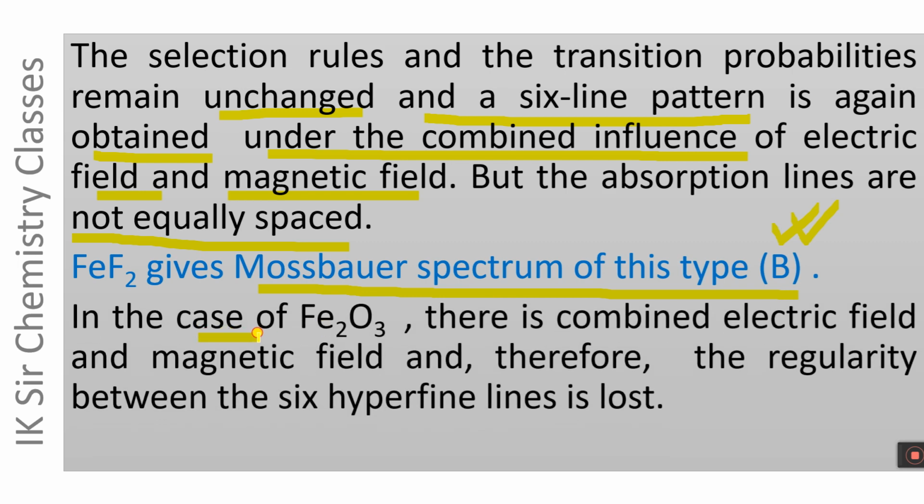But in the case of Fe2O3, there is combined internal electric field and internal magnetic field, and accordingly they influence each other, and the regularity between the 6 hyperfine lines is lost.